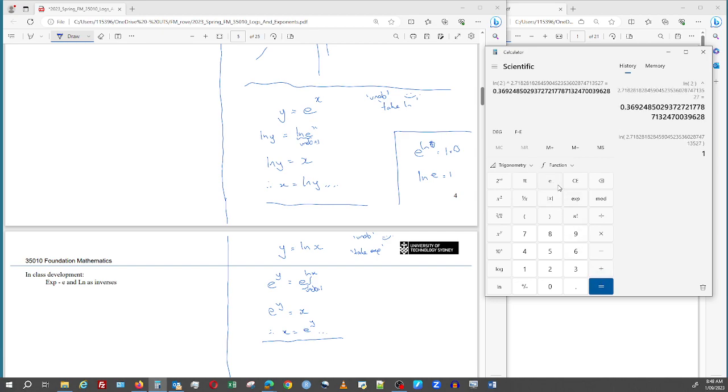Okay, that's not what I wanted. So I want to do e to the power of ln of 2. So I've got to do ln of 2, then e to the power of, bracket 2 ln bracket. Should just leave me with 2.